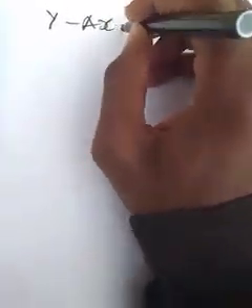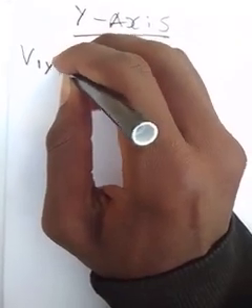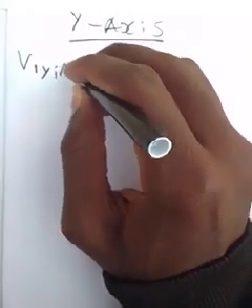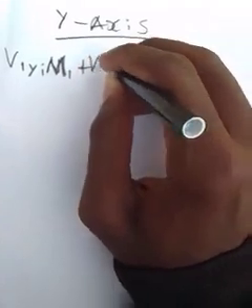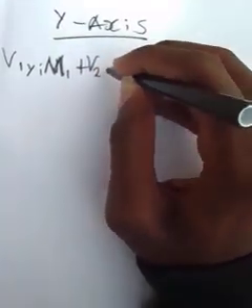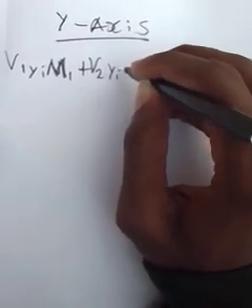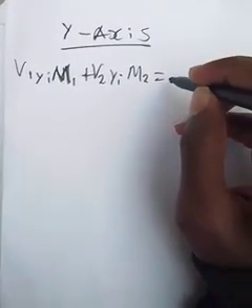Okay, so in the y-axis we are going to do the same thing, but this time I'm just going to say v1 y because we are in the y-axis, times m. I know that's a very terrible m. Yeah, whatever, as long as you are understanding what I'm teaching you. I'm just trying to modify the formula.